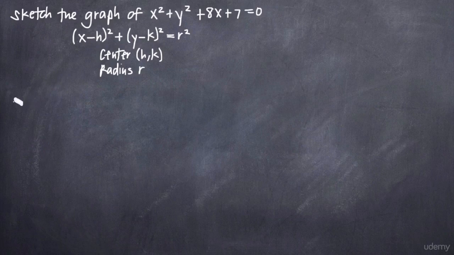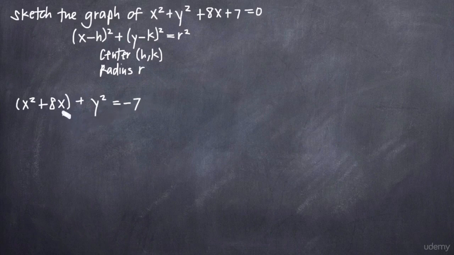We'll group our x terms together and we'll get x squared plus 8x, and we'll group our y terms together. We only have y squared, so we'll put that here by itself, and then we'll subtract to move the 7 to the right-hand side because we want to move all of our constants to the right, so we'll get negative 7.